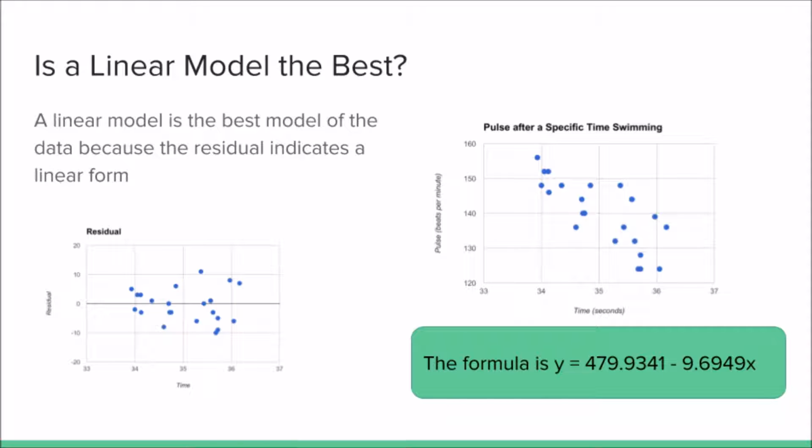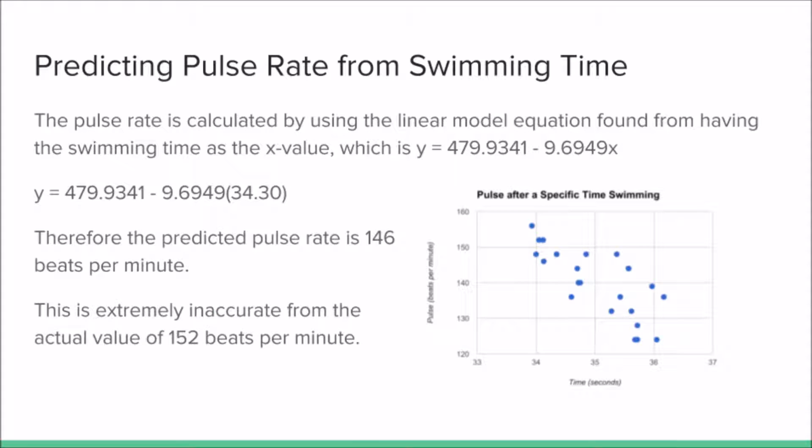This then helps to determine the regression graph, which is an indicator of the linear form of the data. So when you look at the regression graph, it ends up telling you that this is a very, very linear graph, and so this regression would be a good model of the data.